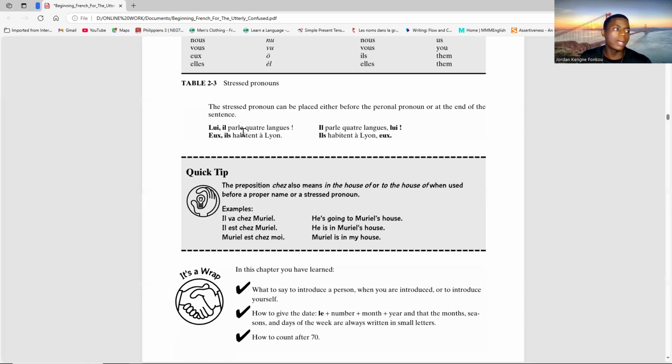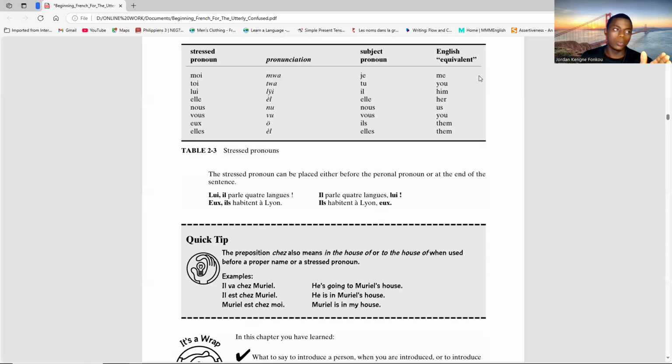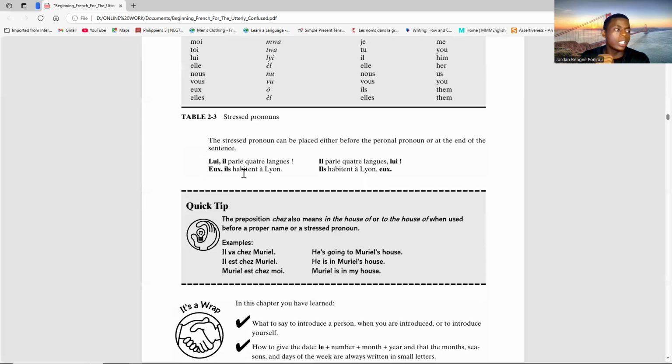Lui means him, he speaks 4 languages. In English, we won't have that, so we just say he speaks 4 languages. But in French, sometimes it's very necessary as compared to English. So, lui, il parle 4 langues, or il parle 4 langues, lui. Eux, ils habitent à Lyon, or ils habitent à Lyon, eux.